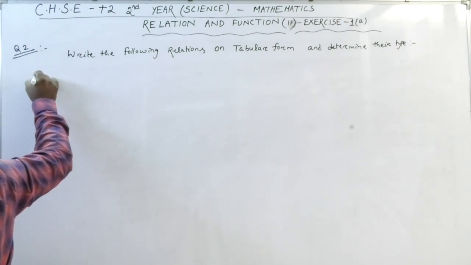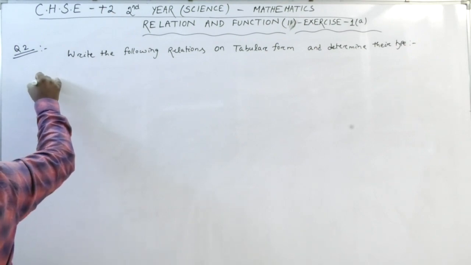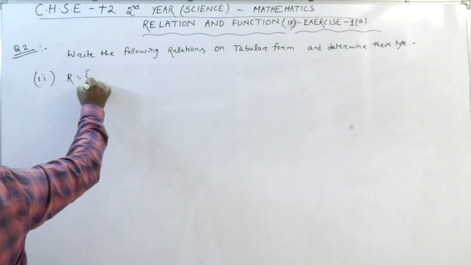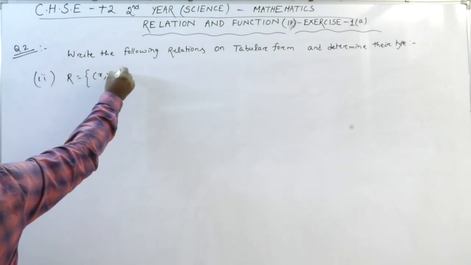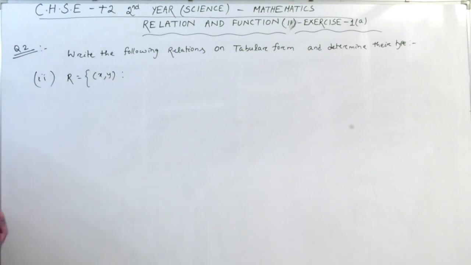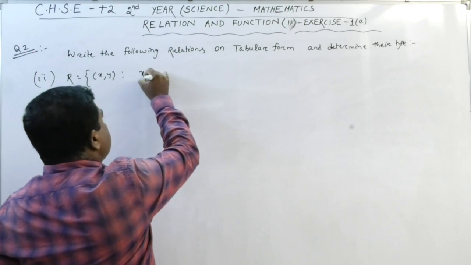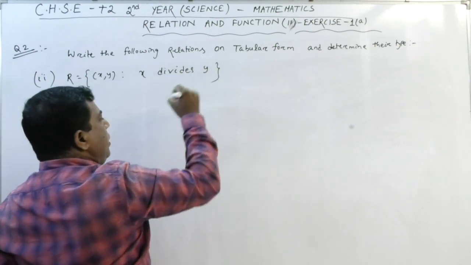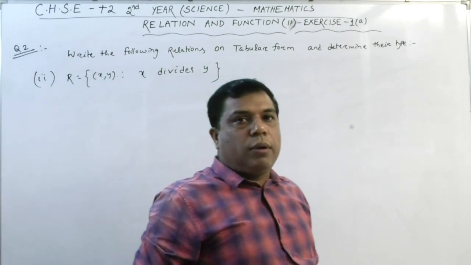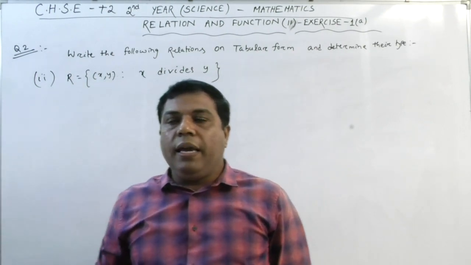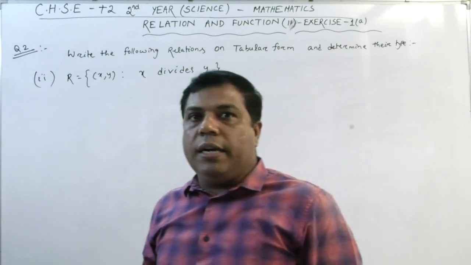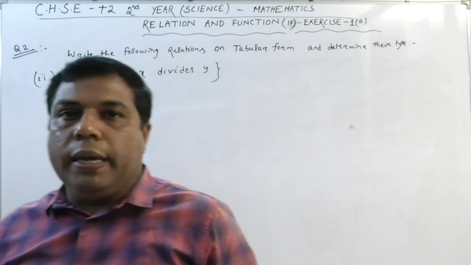Suppose I am going to write another option, from your bit 2, and the question says the relation R is containing the ordered pairs x, y such that there is a relation between x and y, and what is the relation? That x divides y. X divides y means x is a divisor of y, or you can understand it as y is divisible by x.